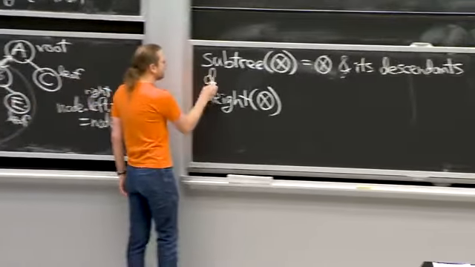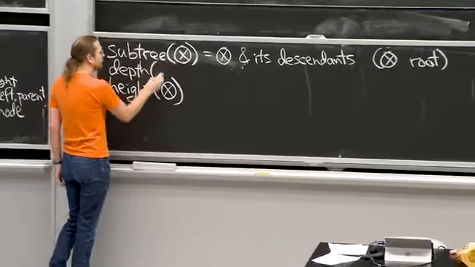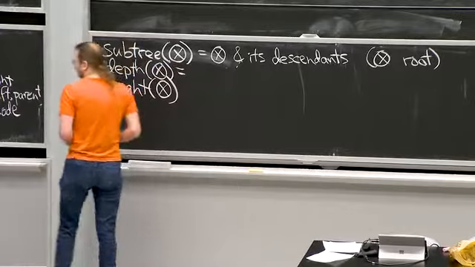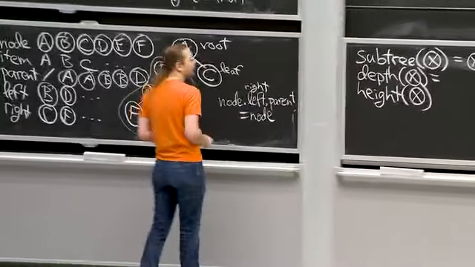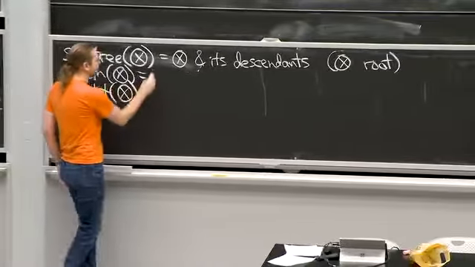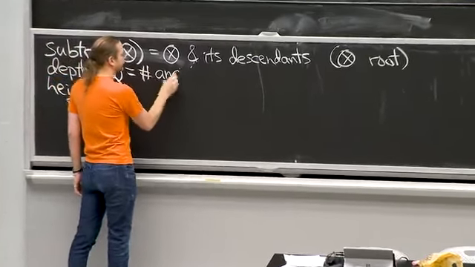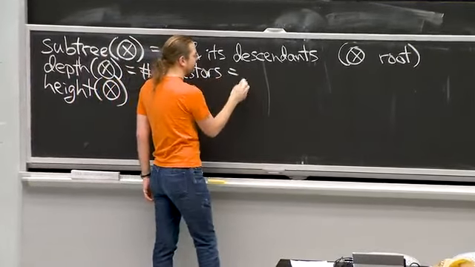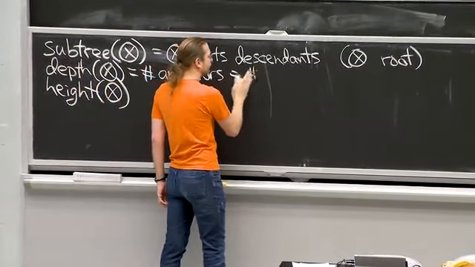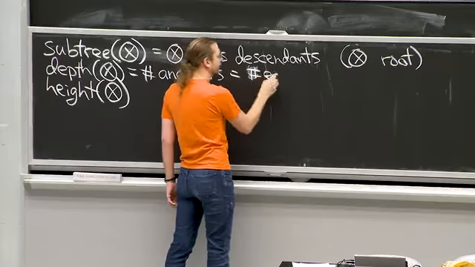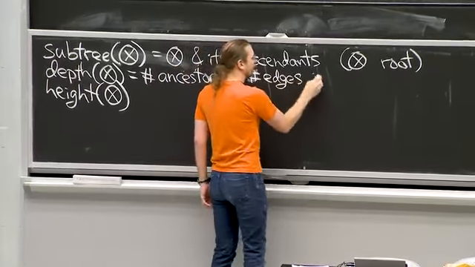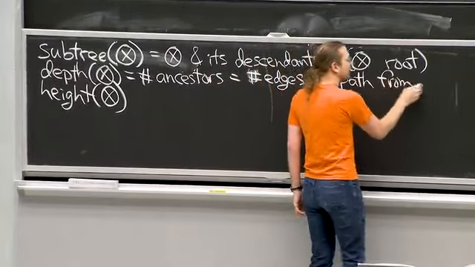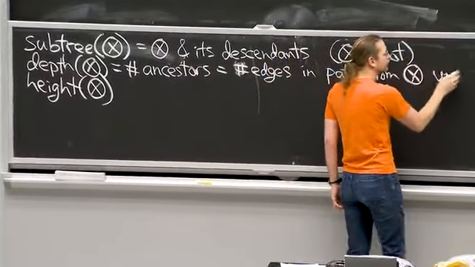Let's talk about the depth of a node. Depth of the node is, I guess, the number of its ancestors. That's right. But the way I usually think of it is the number of edges in the path from X up to the root.